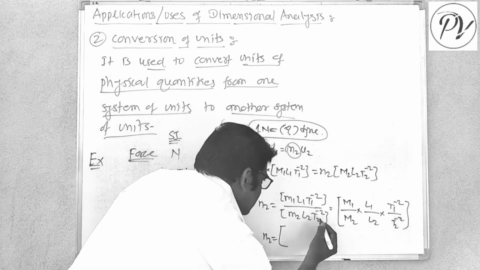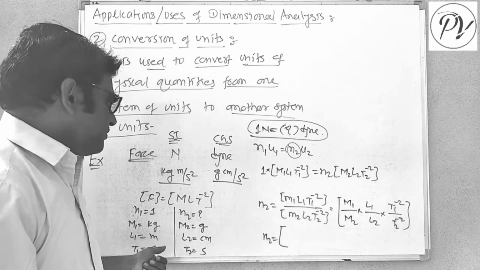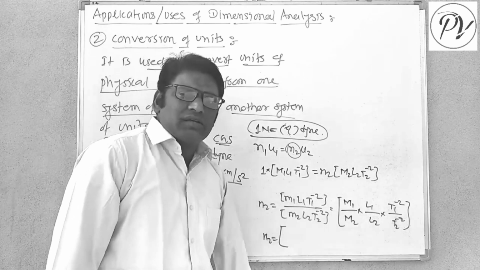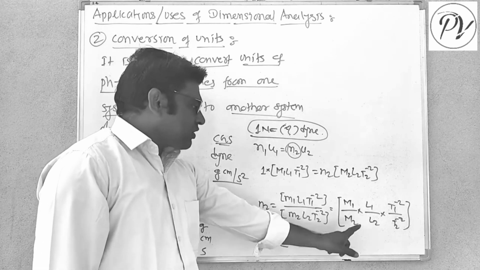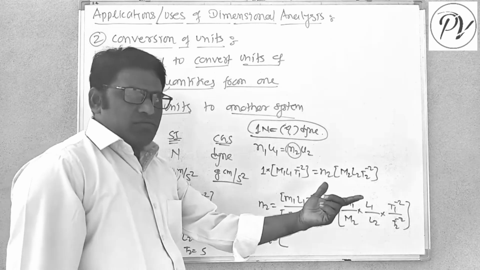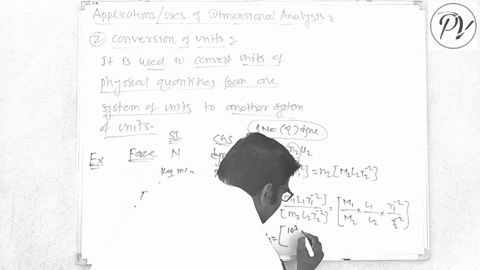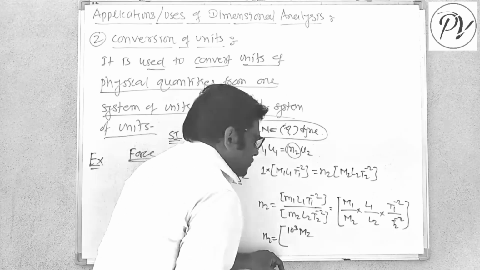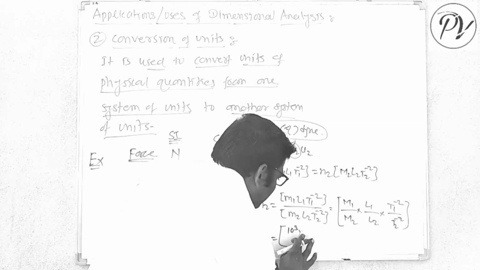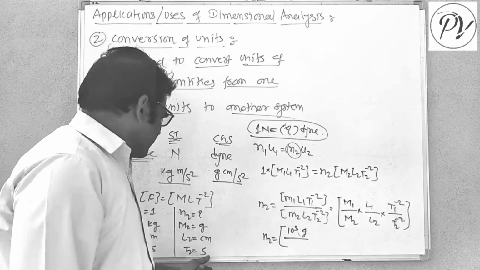M1 is kg. Kg means, in terms of gram, how can we write it? M1 is kg; in terms of gram, 10 raised to 3 gram. Yes or no? And M2 is 1 gram.